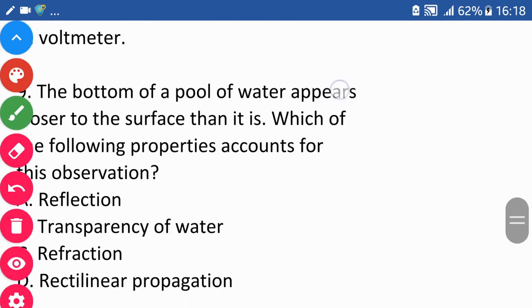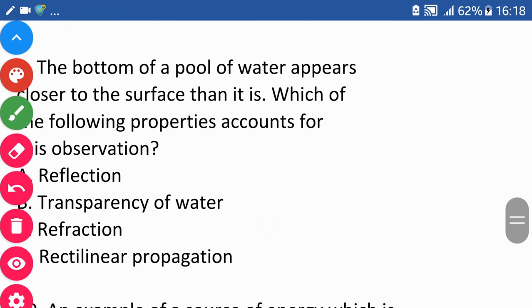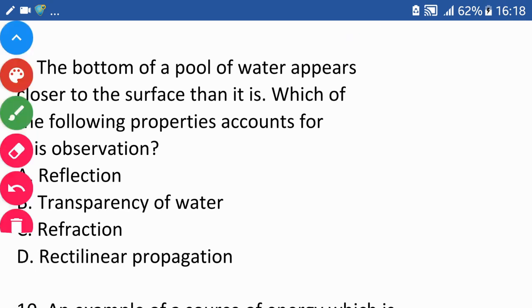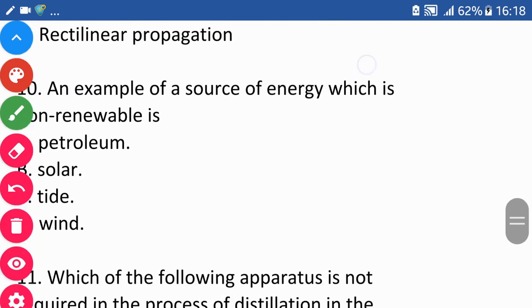It's A. The bottom of a pool appears closer to the surface than it is. The following properties account for this observation. The answer is refraction of light. Let's move on to question 10.